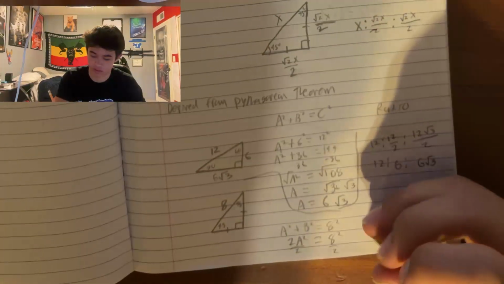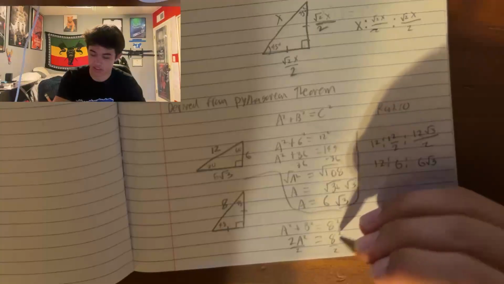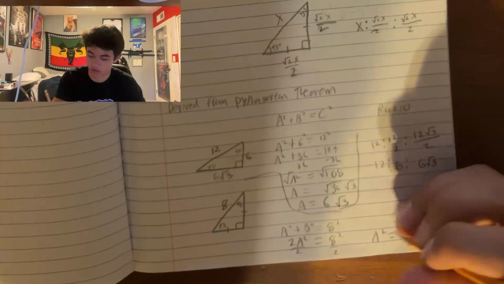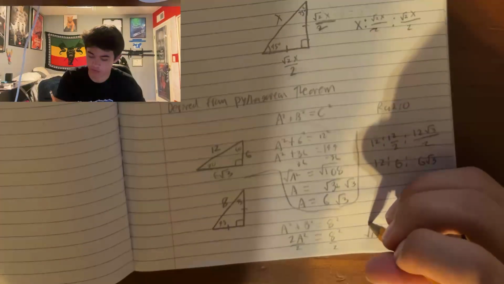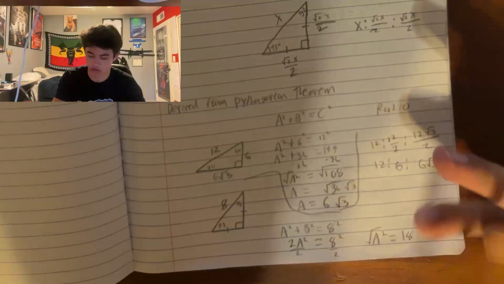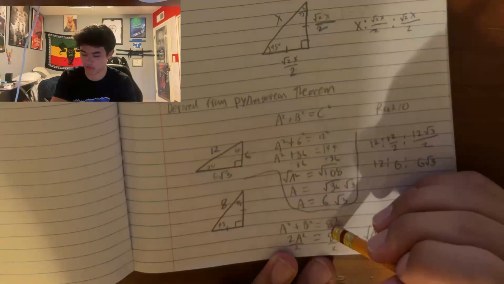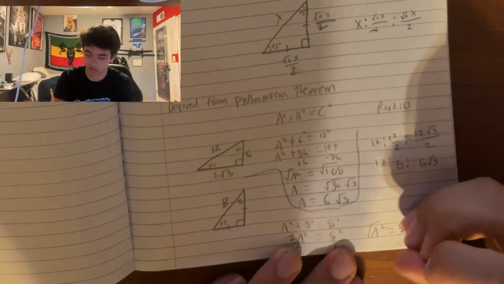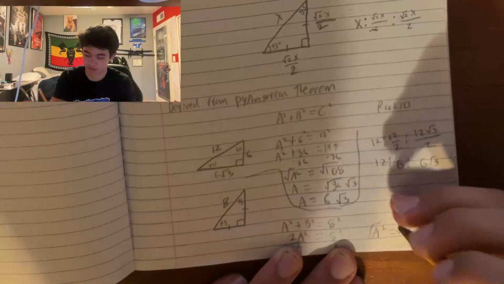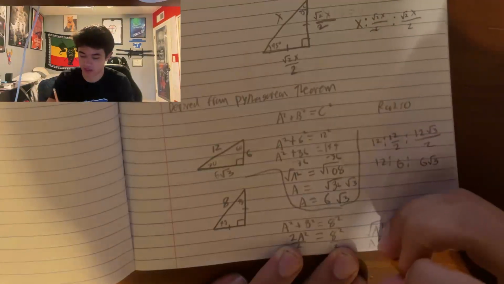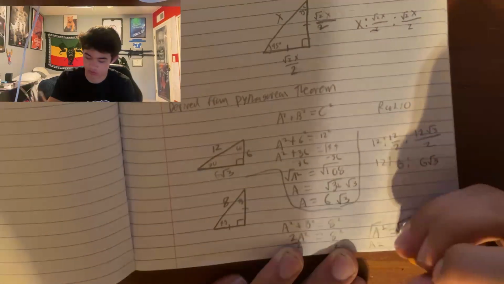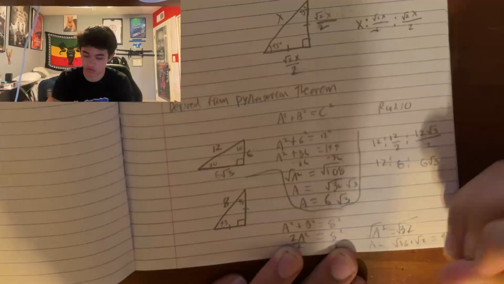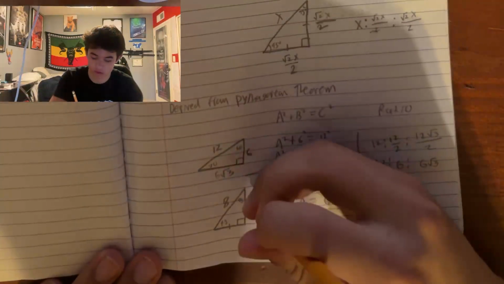So 8 squared is 64, divided by 2, a squared is equal to 32. Square root of that, so a is equal to root 16 times square root 2, so it's equal to 4 times square root 2.